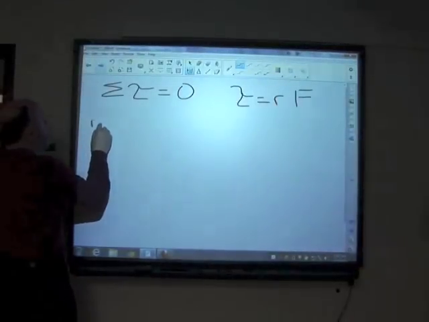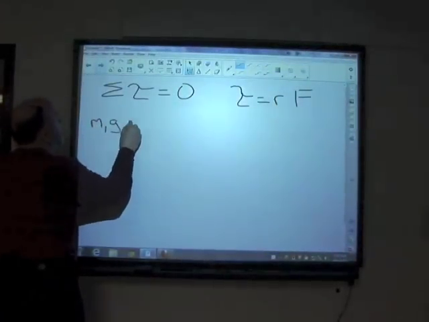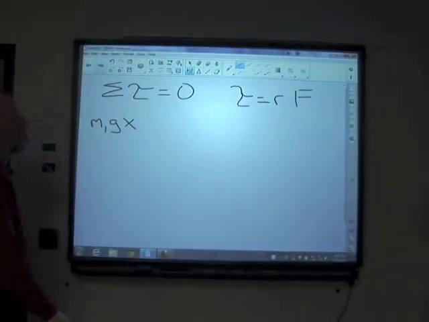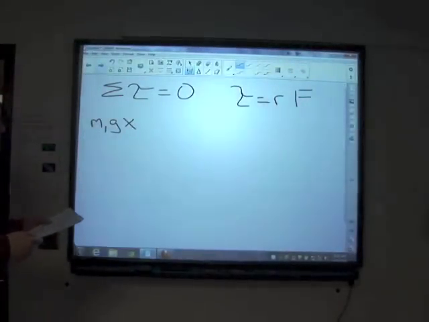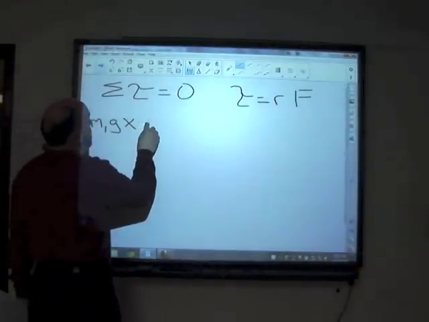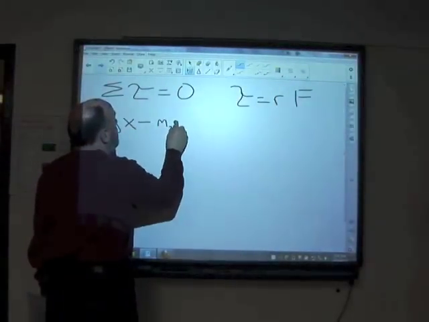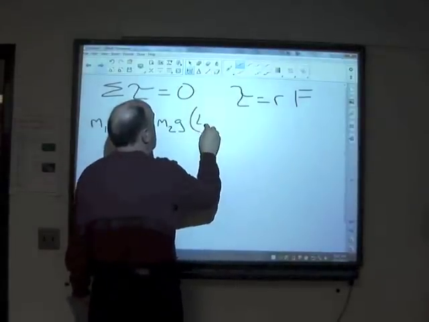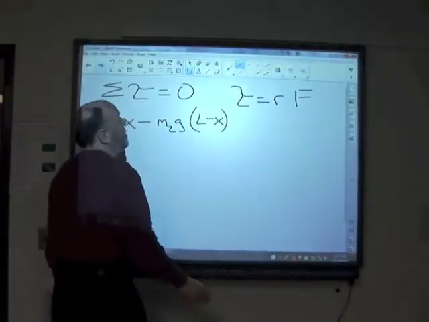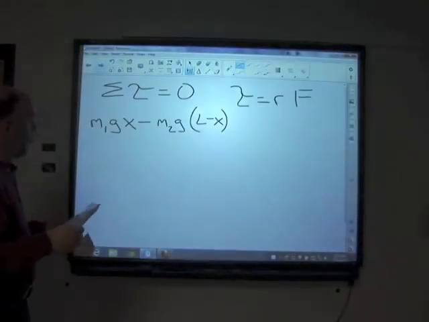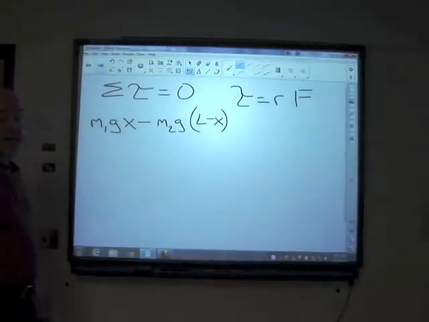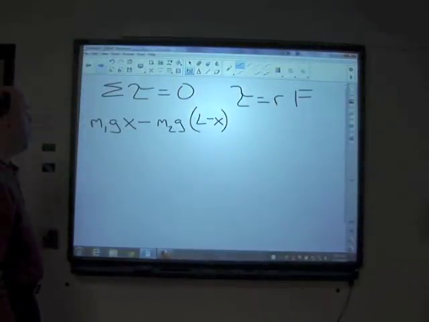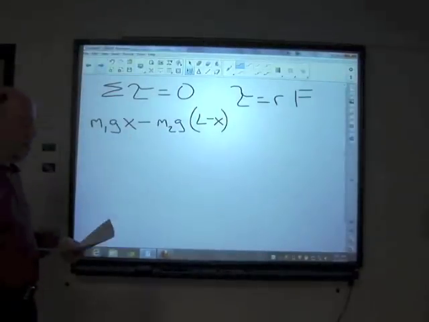So we get m1 times g times x, x being the distance from the pivot point, which is my r value. We get for mass 2, m2 times g times (L minus x). And then because the board here does have a mass, it does come into play in this whole torque.